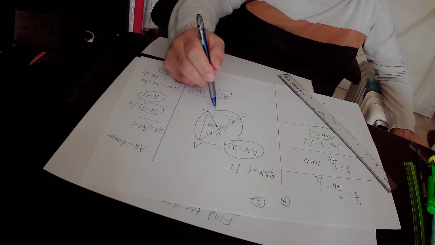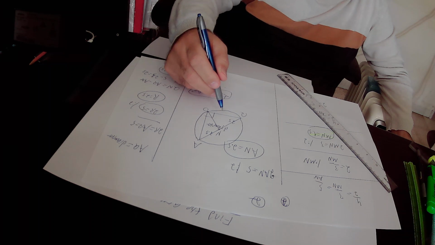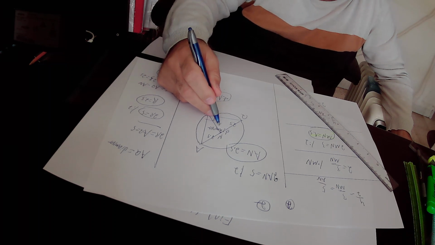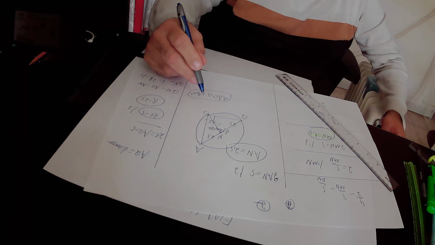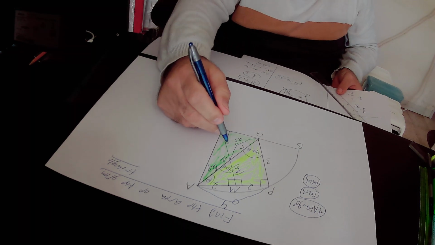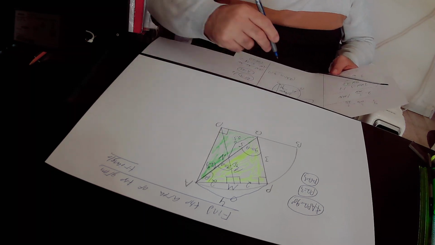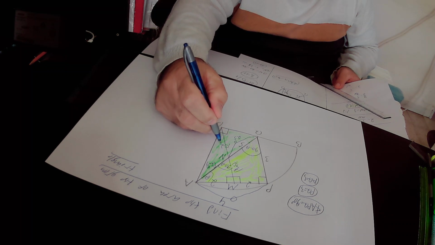This is exactly the definition of a radius. Therefore, NO is also the radius of this circle that is equal to 2.5 units. Here, NO is the radius of this circle that is equal to 2.5 units.